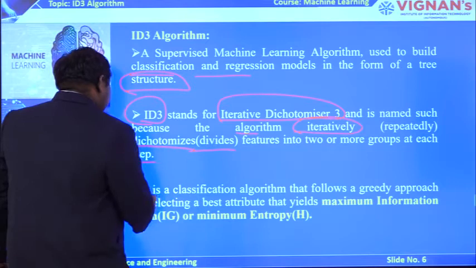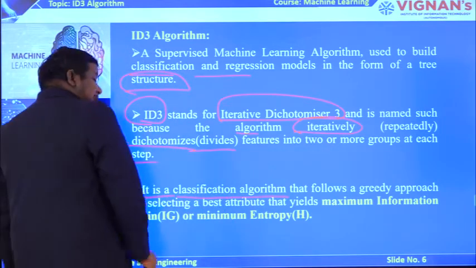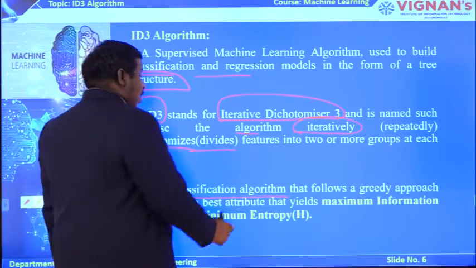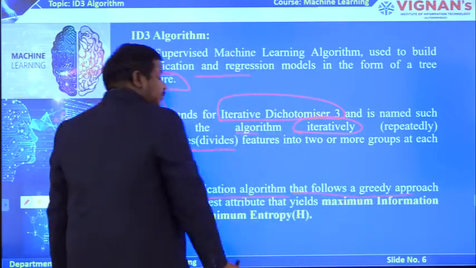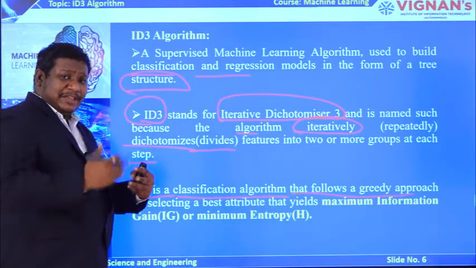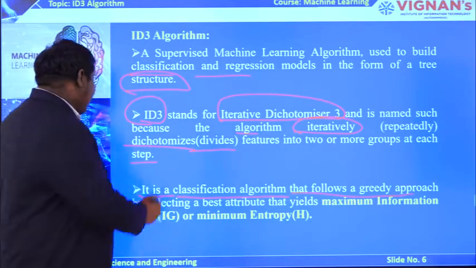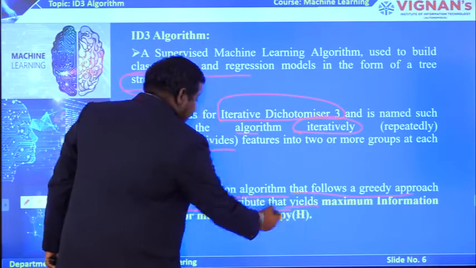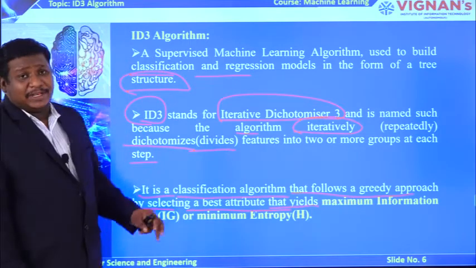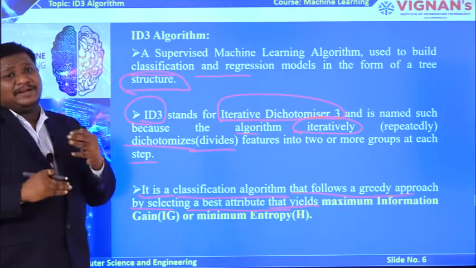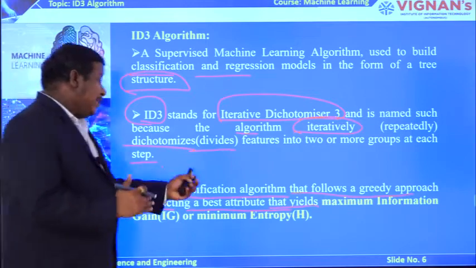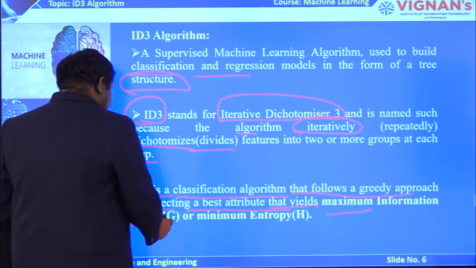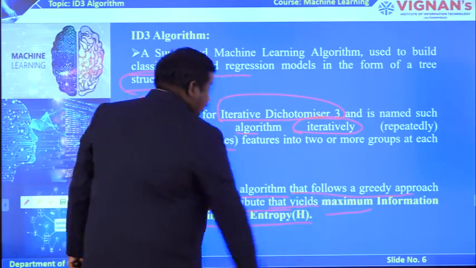Basically, the ID3 algorithm is a classification algorithm that follows a greedy approach. What is a greedy approach? We will see in the next slides. It follows the greedy approach by selecting the best attribute, the one having maximum information gain (IG) or minimum entropy (H).